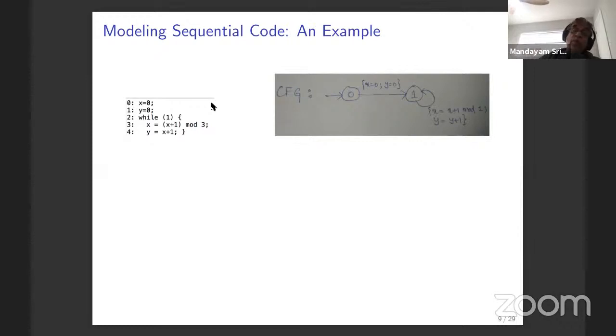Now, you could be modeling this differently. I've already chosen the granularity. Here the time is not real time, but rather the time, as we observed before, can correspond to the execution time for each instruction.